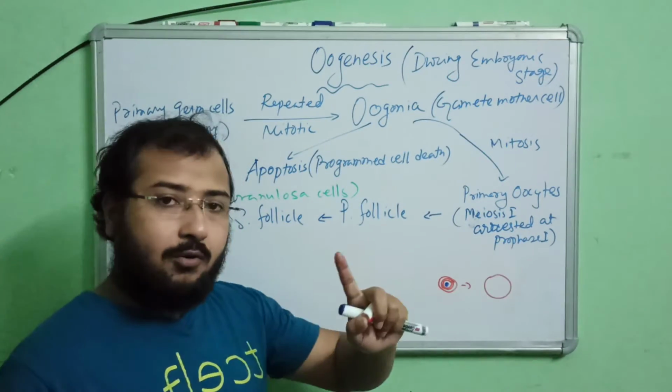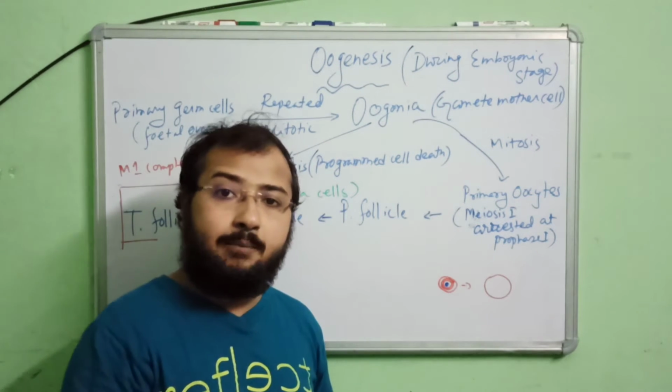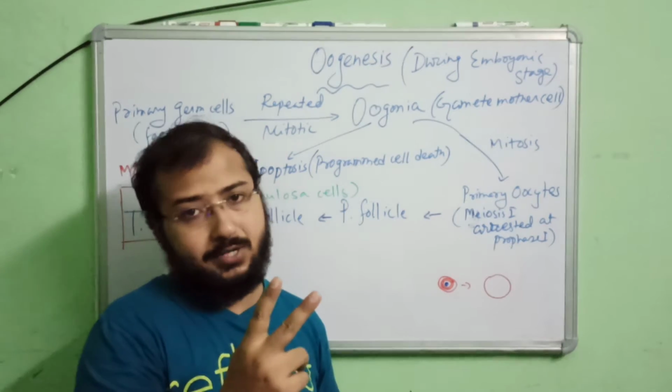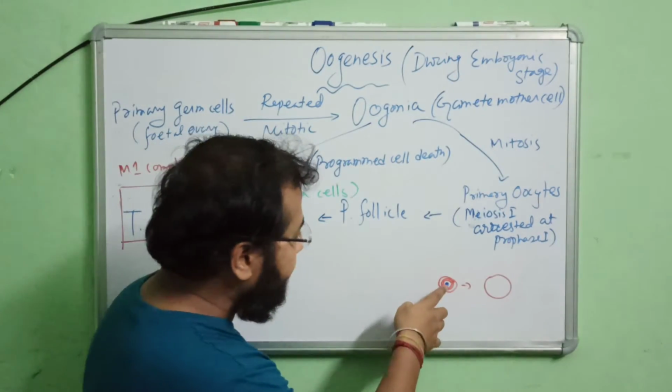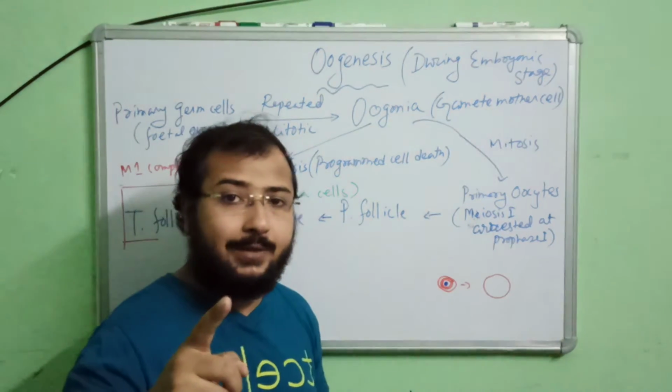We know very well that after meiosis 1 completion, we get two daughter cells from one cell. It was one cell, the primary oocyte. As meiosis 1 is completed, how many cells do we get now?